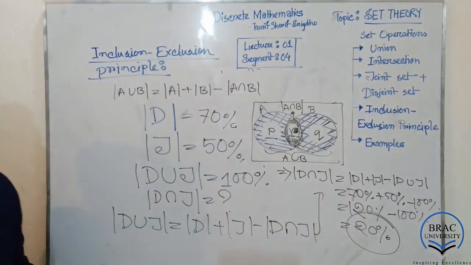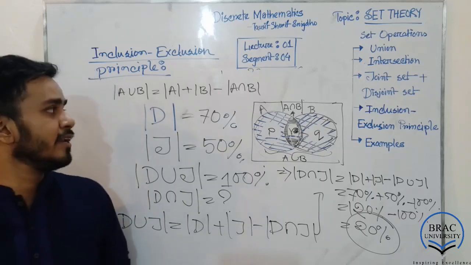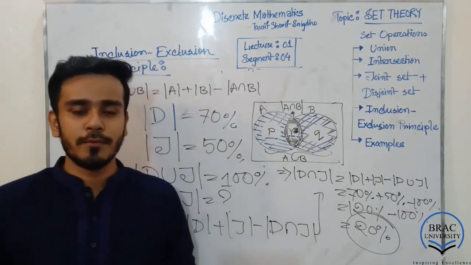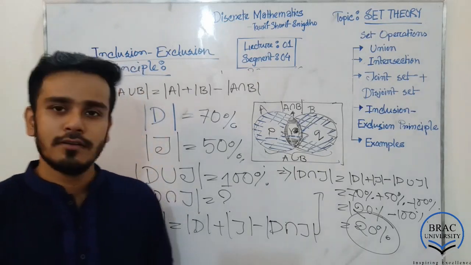So using the inclusion exclusion principle, we can decide that 20% of Brahmanbarian people can make both dalgona coffee and jalebi.